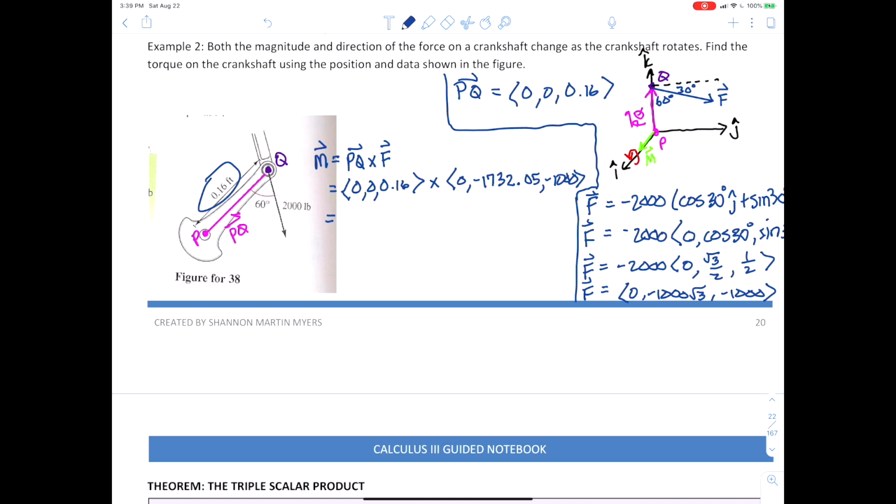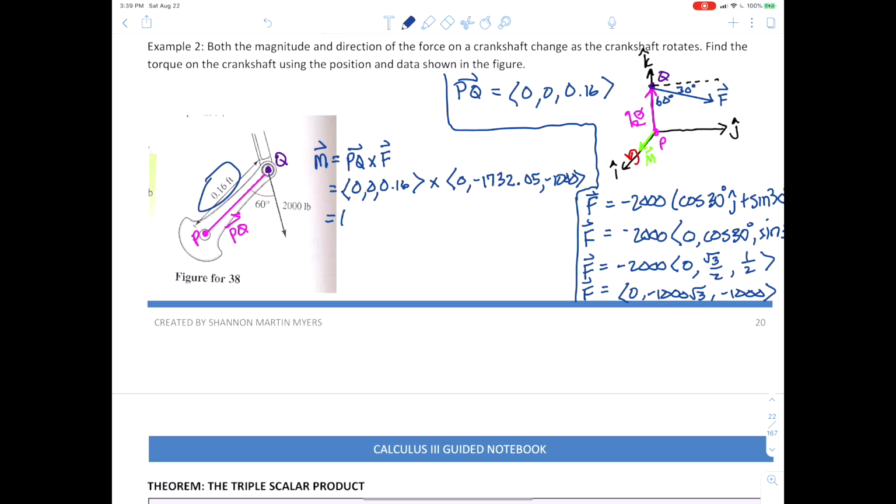So do you see that'll zero out? So it's really the second component from PQ times the third component of the force. So that's just going to zero out.